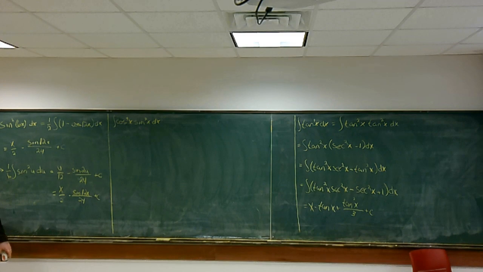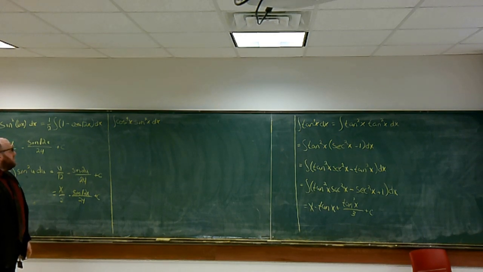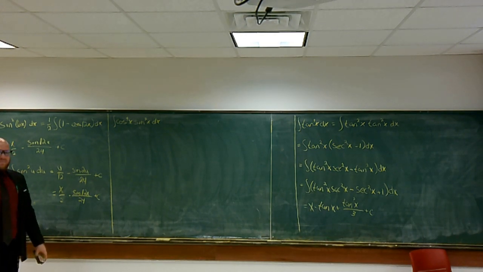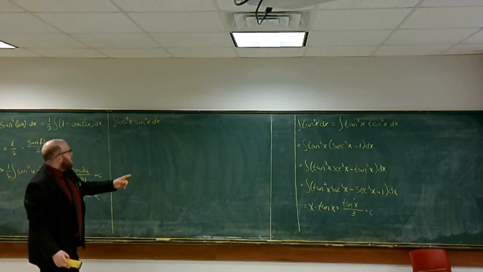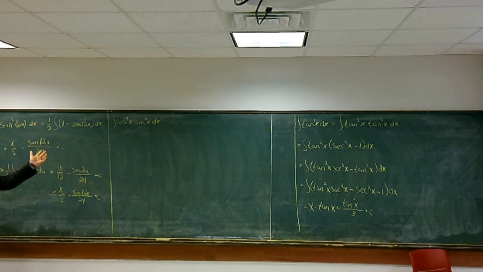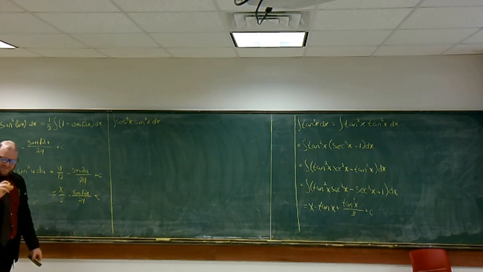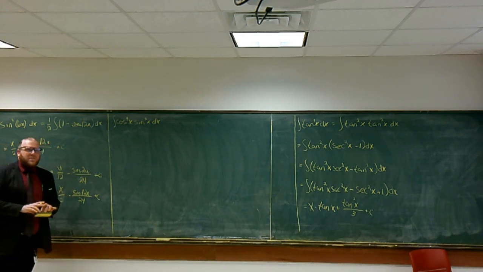What are we going to do first? Odd power. Because this is now sine cubed, not just sine. So it's not as easy as the last one was. So remember the strategy.